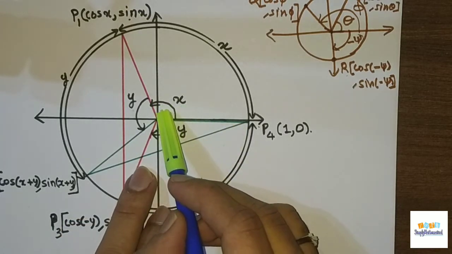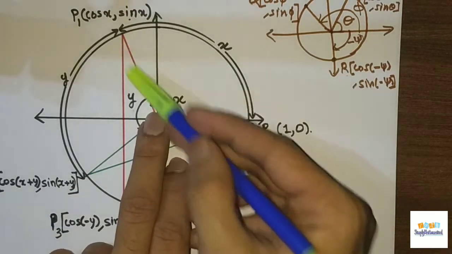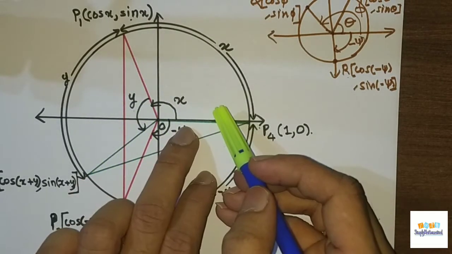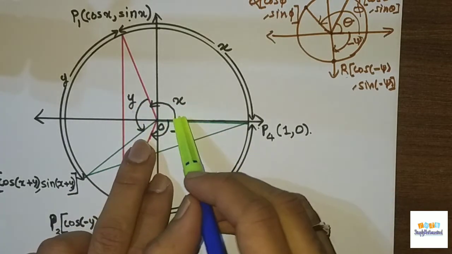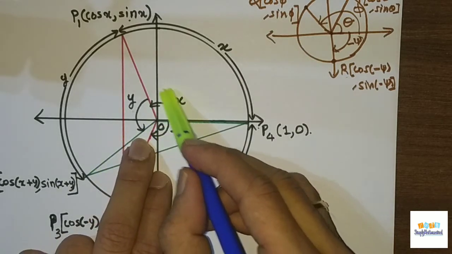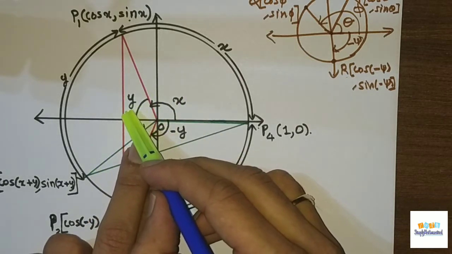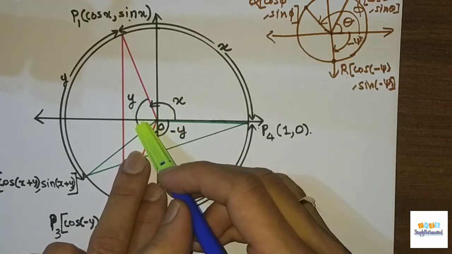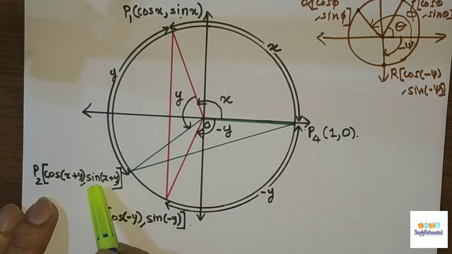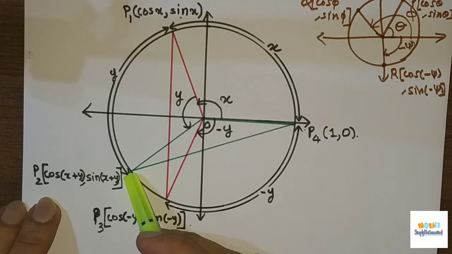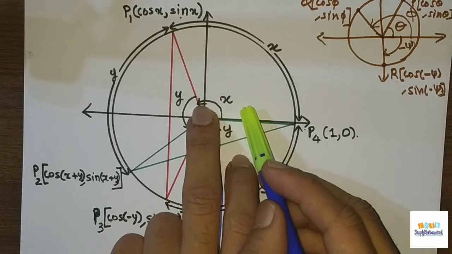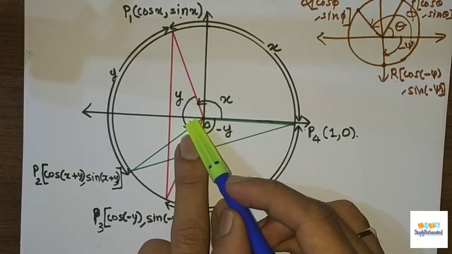This angle y is from this initial side to this terminal side. But the total angle from the positive x-axis to this side will be x plus y. So the name of the point will be P2 (cos(x + y), sin(x + y)), because this is x, and then you are going y again.